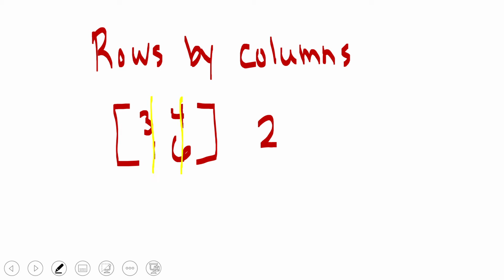Columns second, there are 2, like columns on a house. And this is a 2 by 2 matrix.